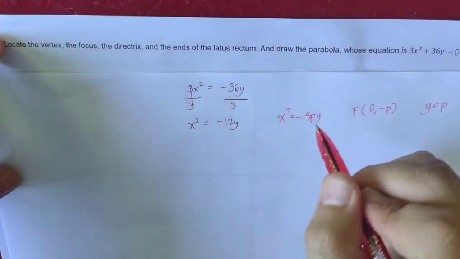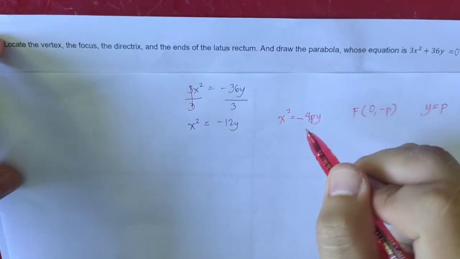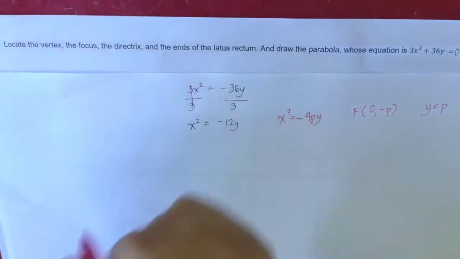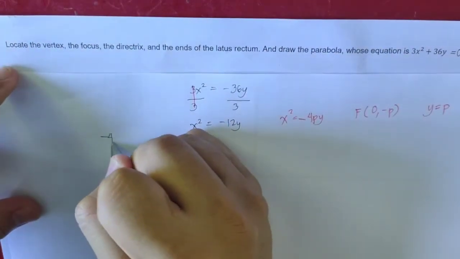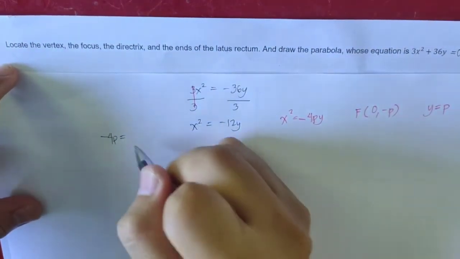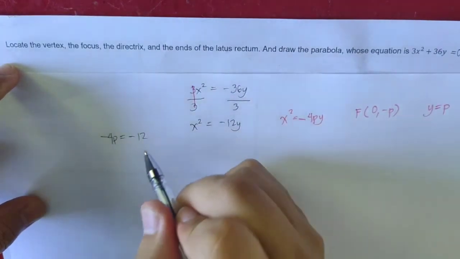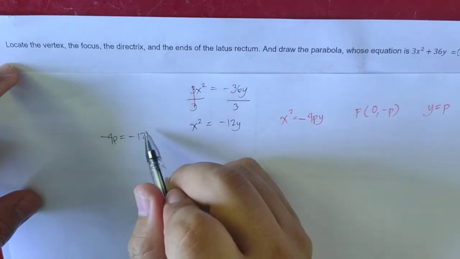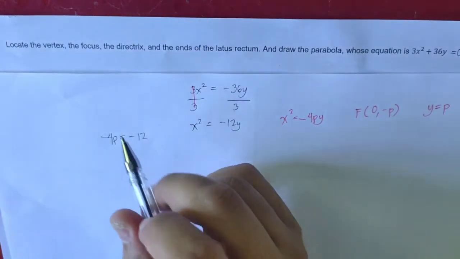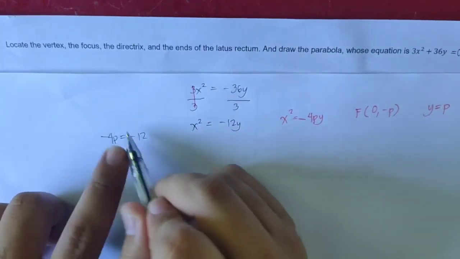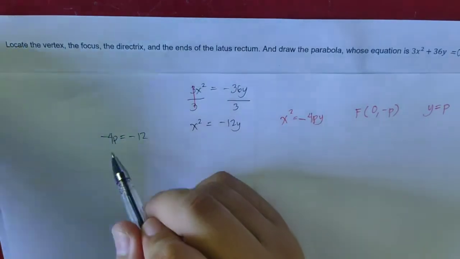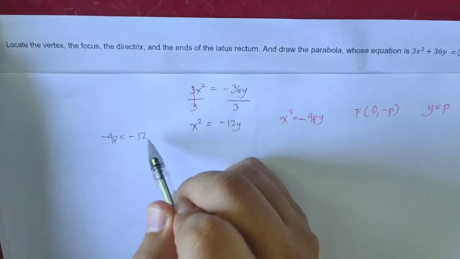So, since negative 4p to, kunin natin negative 4p equals negative 12. Therefore, ang length ng latus rectum natin is 12. Magiging positive 12 yan kasi parehas yung may negative.